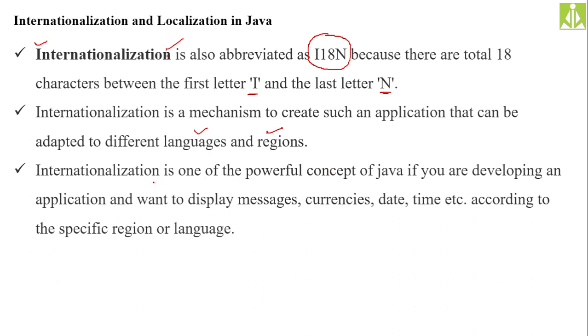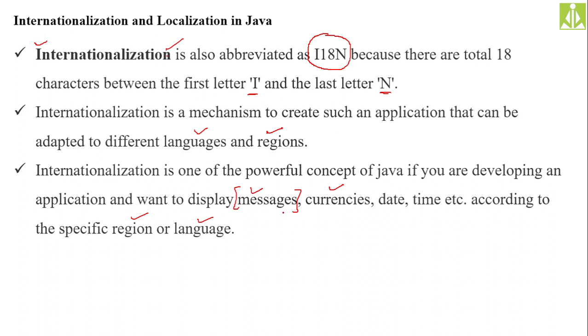If you are developing an application and want to display messages, currency, date, time, etc. according to the specific region or language, these are the parameters that change from country to country or region to region. Sometimes messages change, because some messages may go under the federal law of a particular region. Don't think that all messages are the same for all countries.